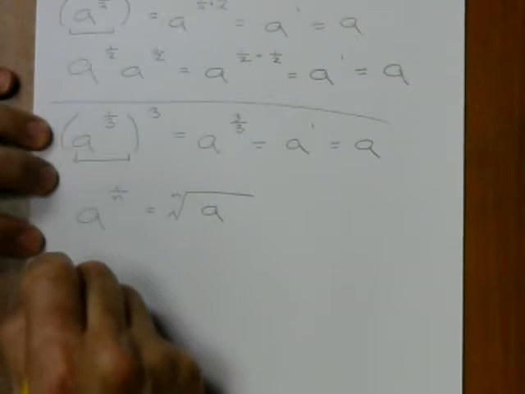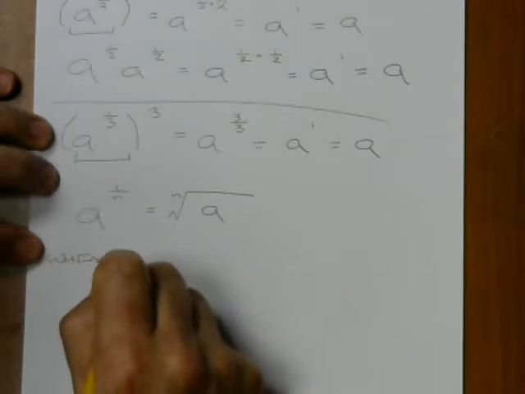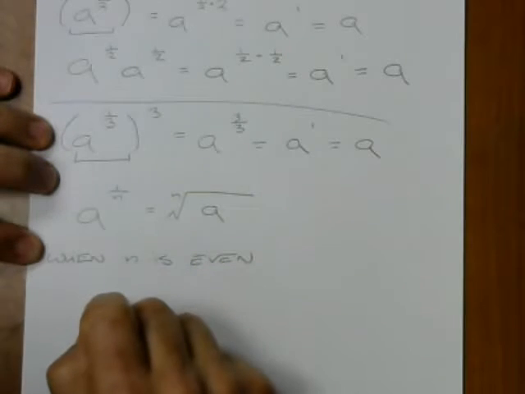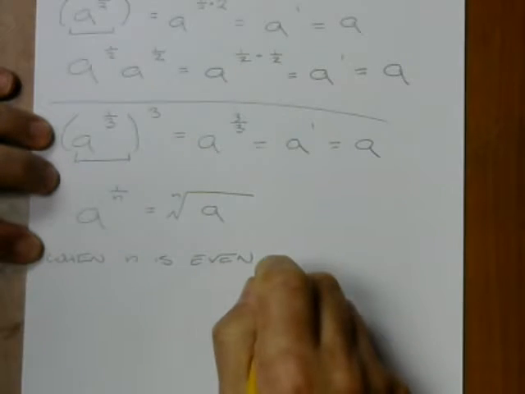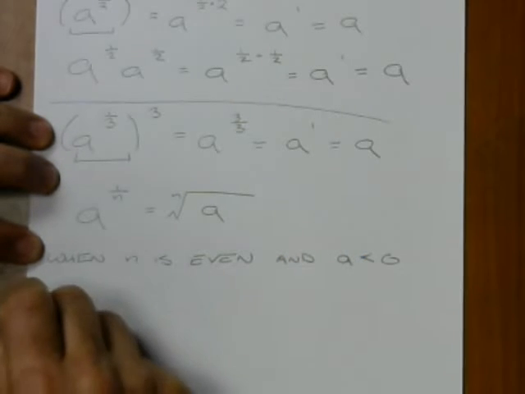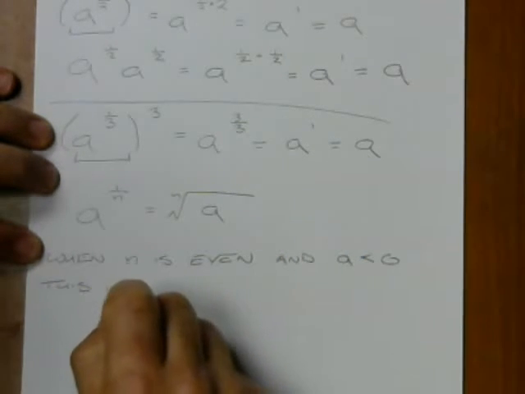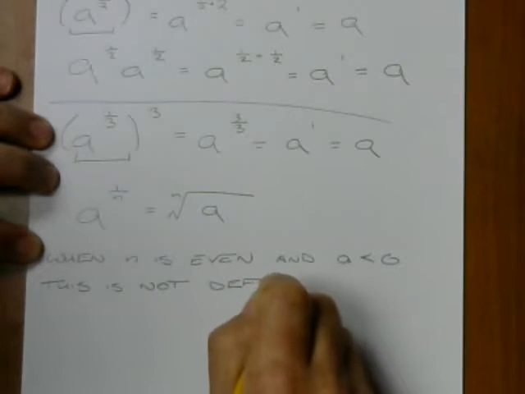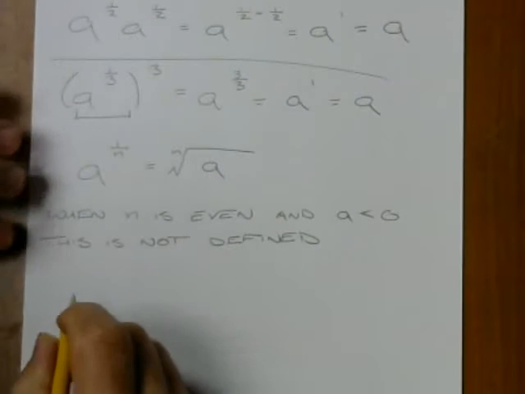Of course, when n is even, we do have to be careful, because if a is less than 0, this is not defined. So really easy problem.